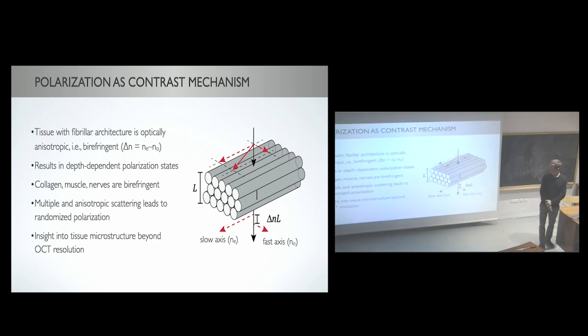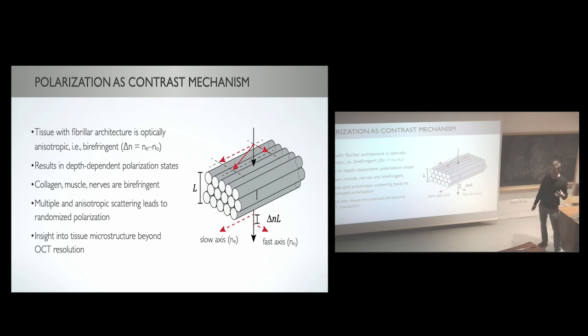Yes, we use polarization as a contrast mechanism. Generally speaking, tissue with a fibrillar architecture often exhibits anisotropy or birefringence. This can be a combination of intrinsic and form birefringence. In general, light that is polarized along or orthogonal to these fibrillar components travels at a slightly different speed, and thereby changes the polarization state of that light as it propagates through the tissue.